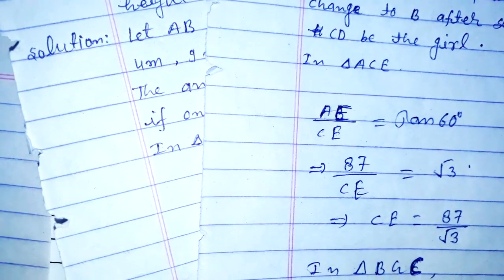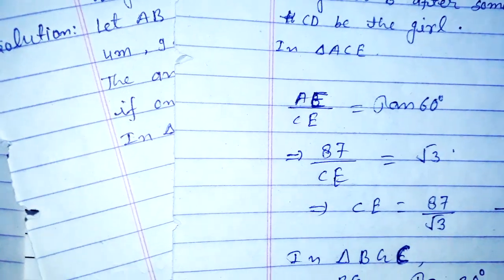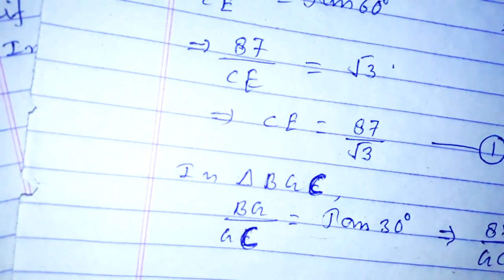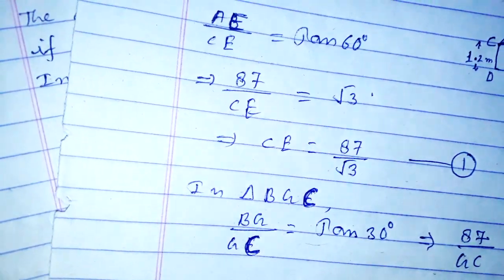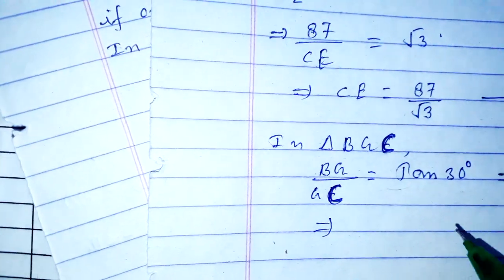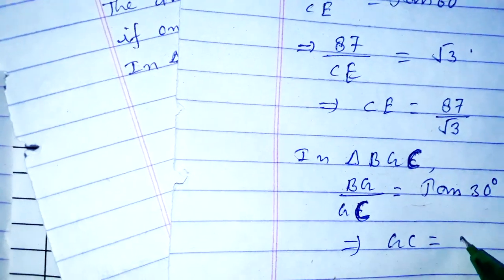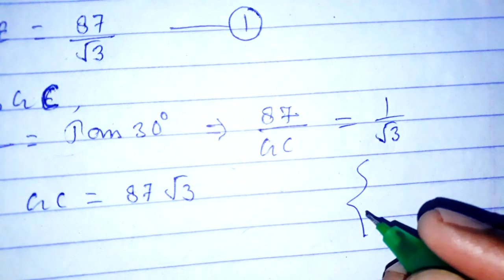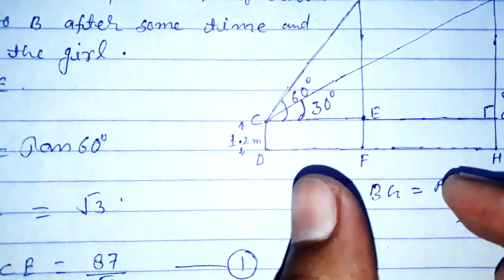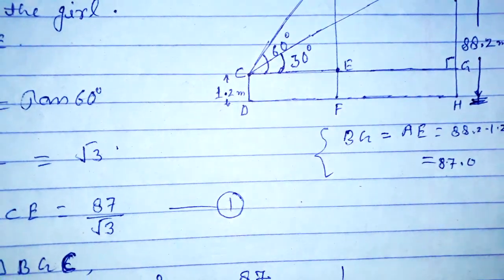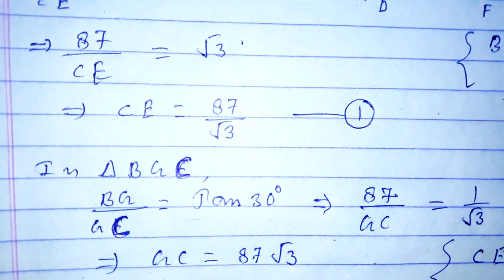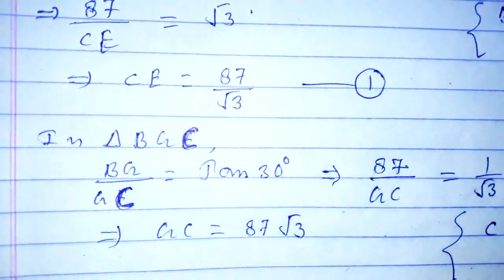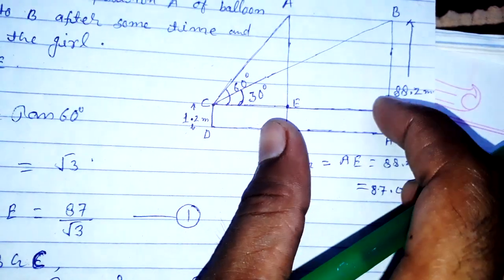So this is BG upon GC, which is equal to 1 upon root 3. So that implies that GC is equal to 87 root 3. So what is the value of GC? GC is CE plus EG. CE plus EG is equal to GC.